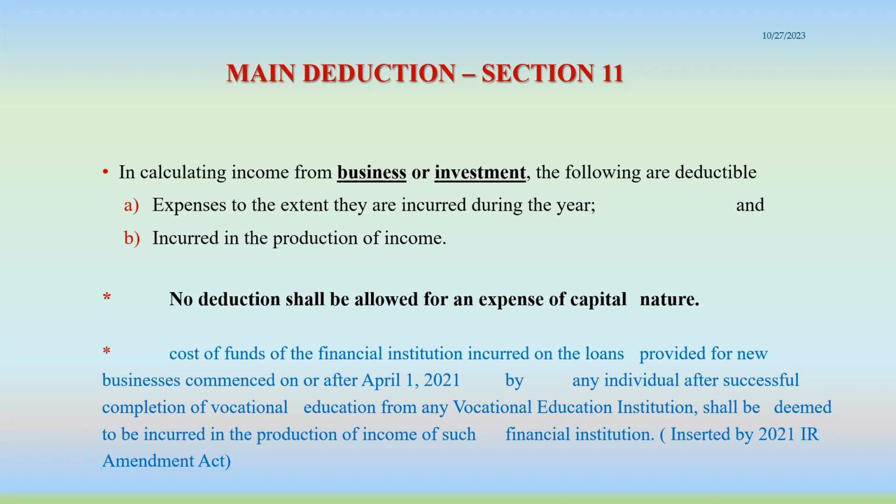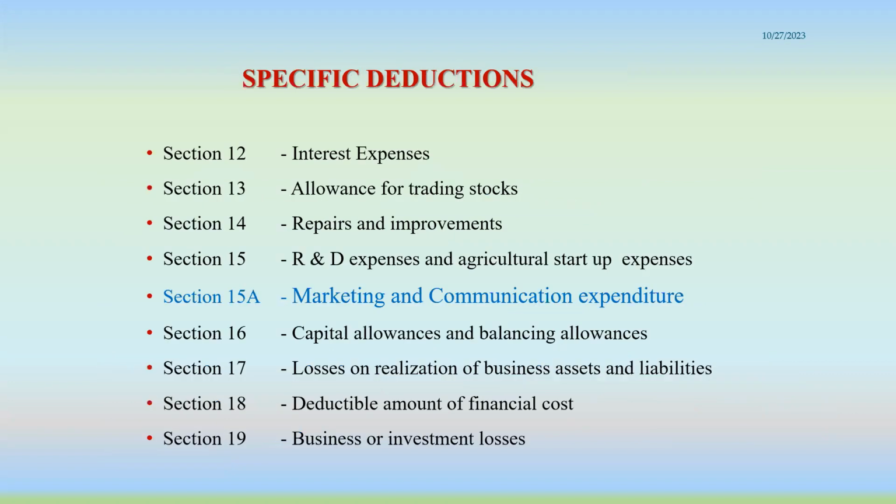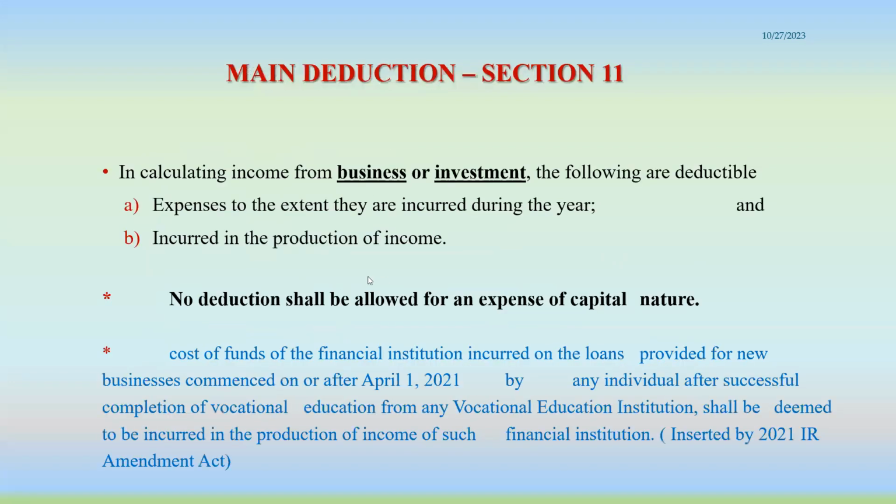We call them specific deduction rules. So we have specific deduction provisions from section 12 to 19. From each of these sections, some kind of capital nature expenses can be deducted. Not all, but some. So under section 11, only revenue nature expenses can be deducted.